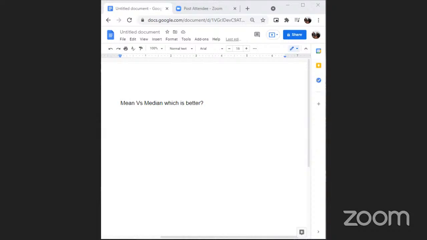Ipshita, you might have to reconsider it. So what if you get outliers? Would you still consider mean to be the right one to make inferences?